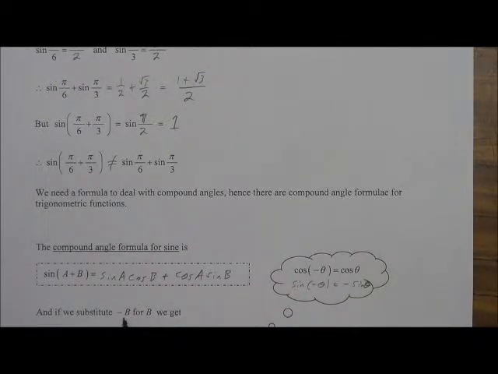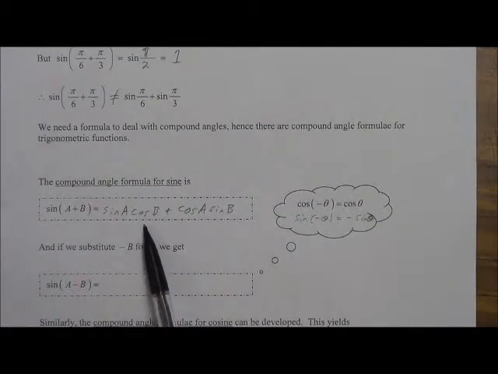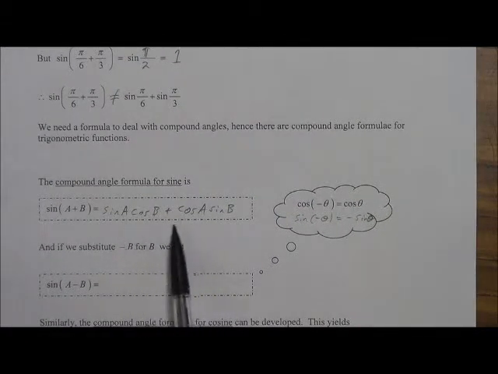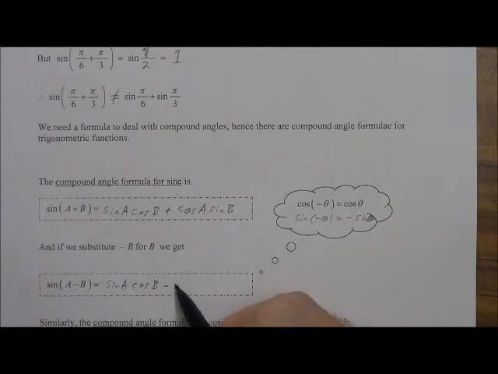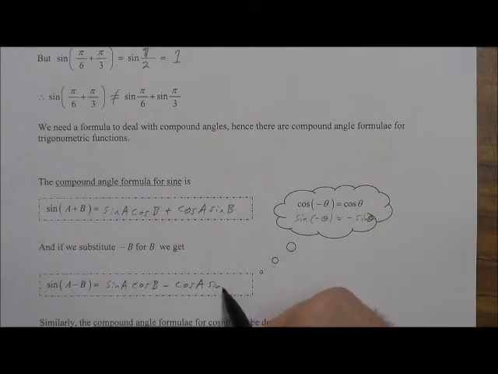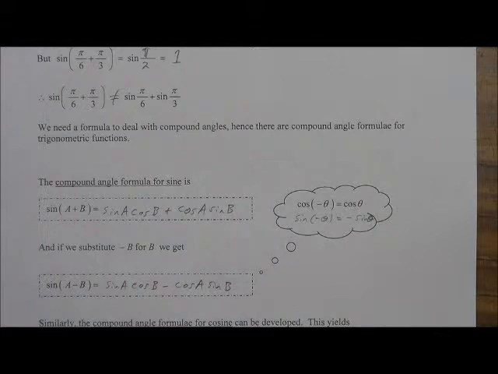Now if we were to substitute negative B in for B in the original formula, then the formula would become sine A cos B minus cos A sine B. Okay, so basically the same thing, no big difference there.